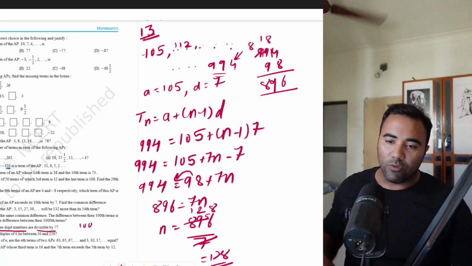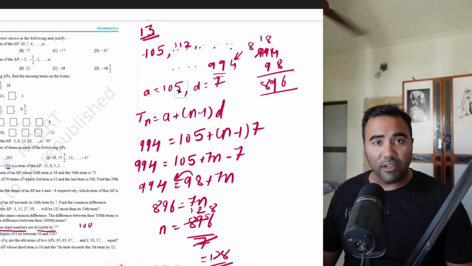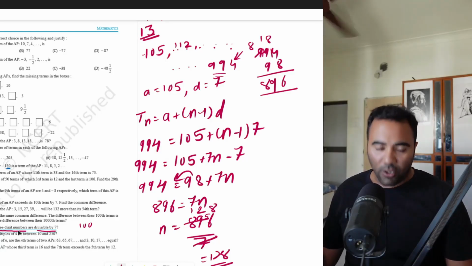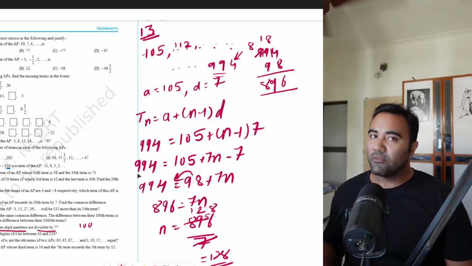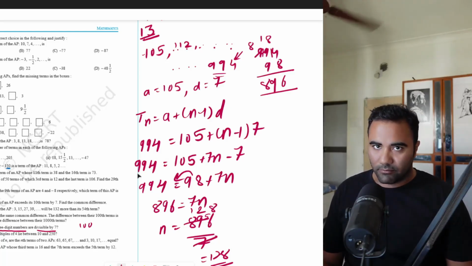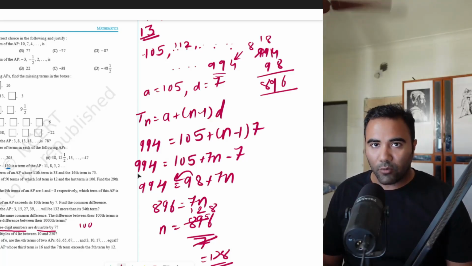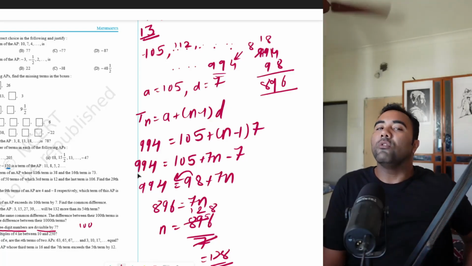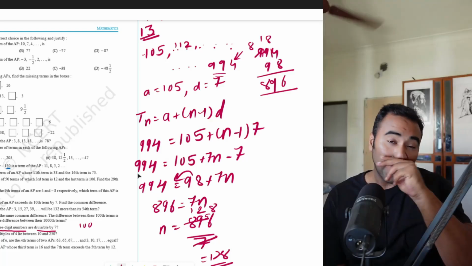Just to give you a brief recap of the logic behind what we did. The question is asking how many three-digit numbers are divisible by 7 in total. The first three-digit number is 100 and the last is 999. I must find the numbers that are divisible by 7 but have 3 digits.